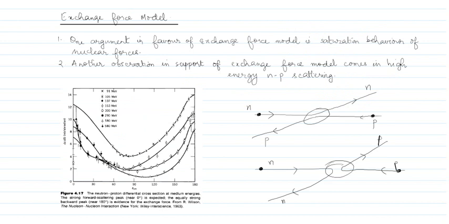Now we will see something called the exchange force model. The exchange force model was introduced to explain some observations that we obtained from scattering processes. In scattering processes, it was observed that the scattering cross section was high for low scattering angles.